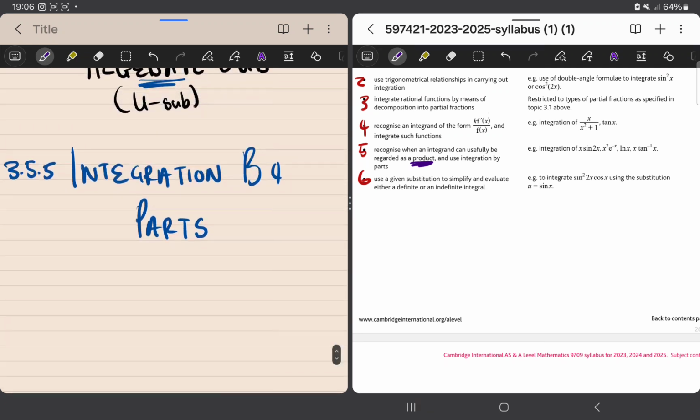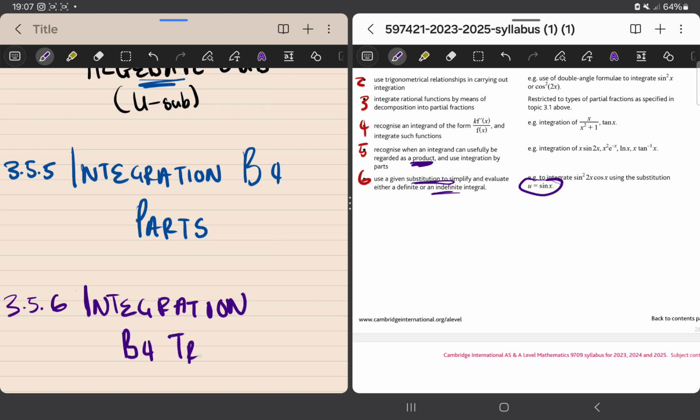And now let's look at the sixth method of integration, and the final one. What is it? Use a given substitution to evaluate either a definite or an indefinite integral, e.g. u is equal to sine x. This is called trig sub. So you can say integration by trig substitution.